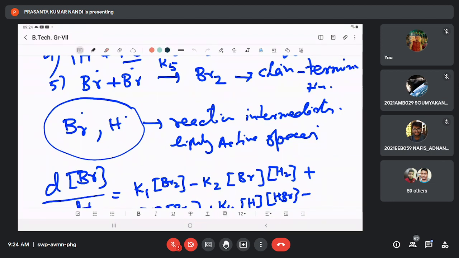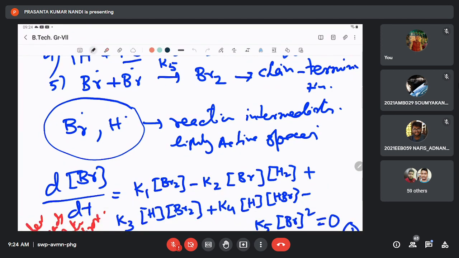Bromine and hydrogen, these are the reaction intermediates and they are highly active species because, you know, free radicals, ions, these are generally highly active species.